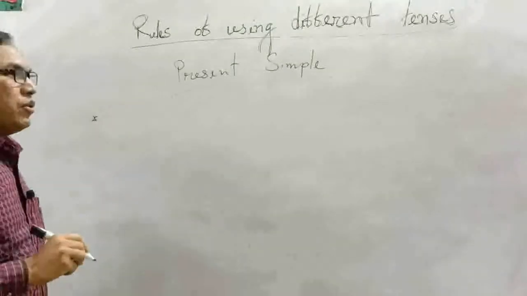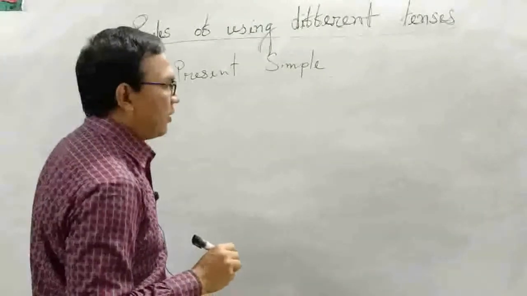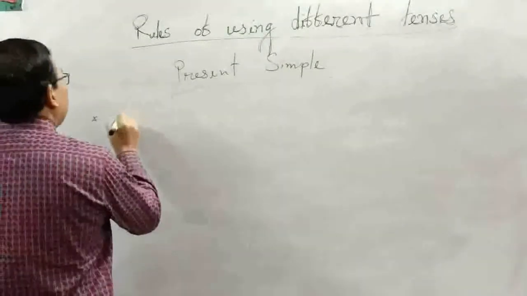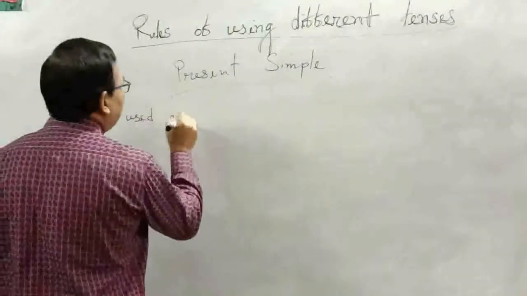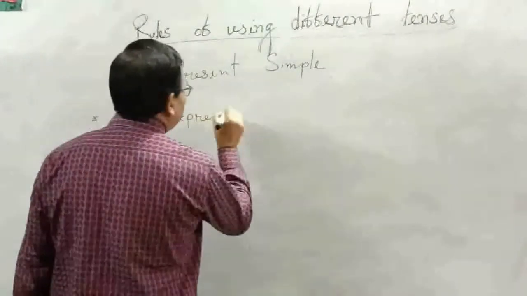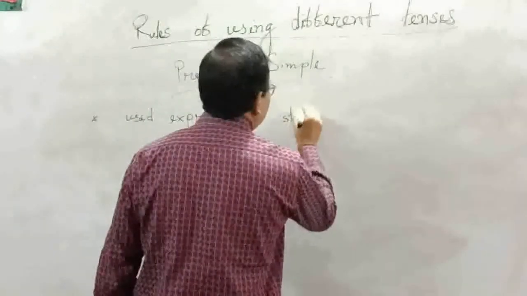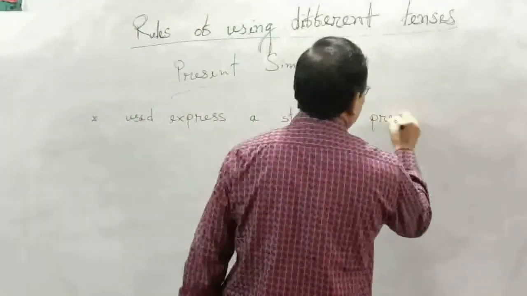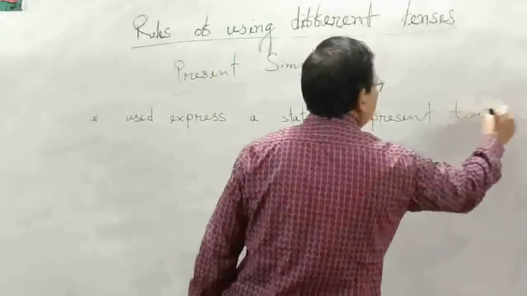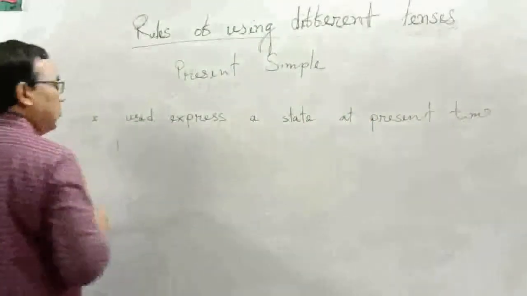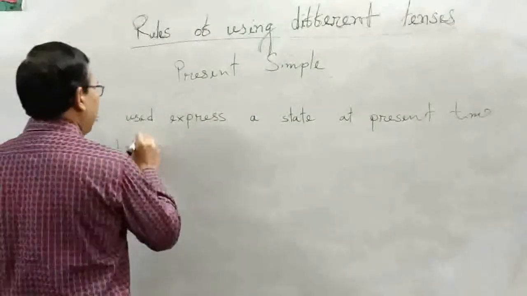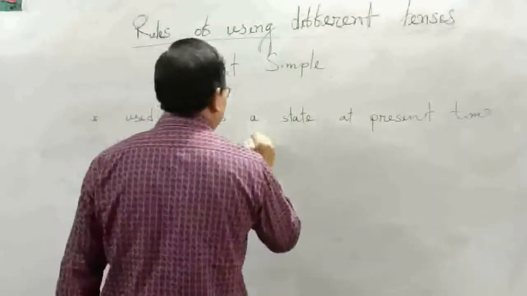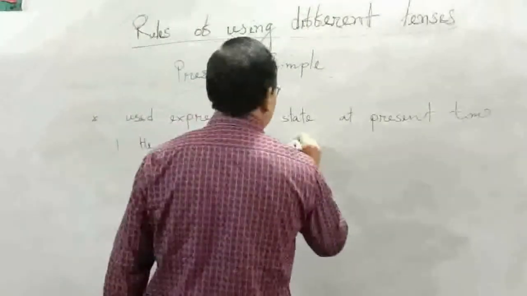Present simple is used to express a state at present time. An example: he is at the station.